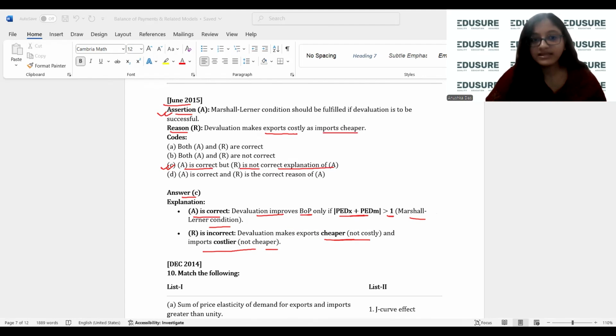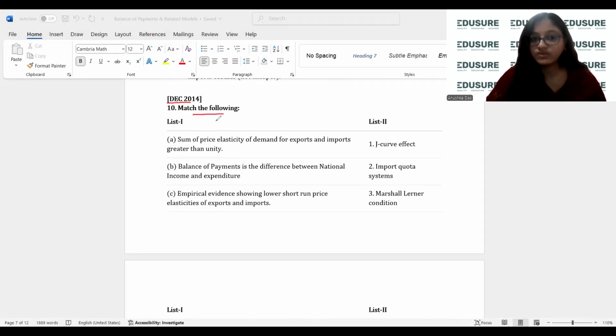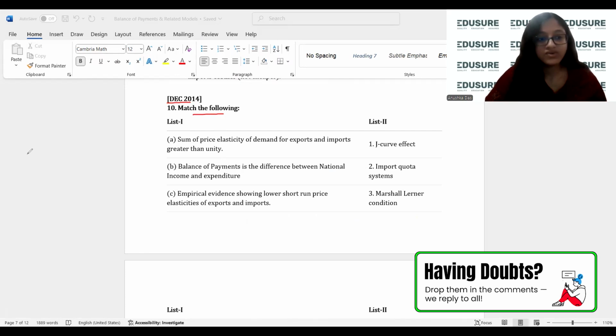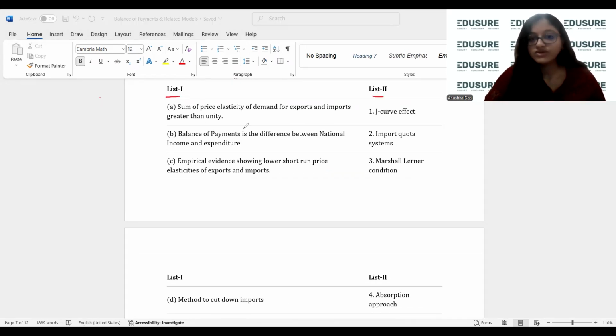Then the next question is the December 2014 question, match List 1 and List 2. So let me show you the entire list. These are the 4 components you have in each of List 1 and List 2, so you have to match. The first option says the sum of price elasticity of demand for export and import is greater than unity.